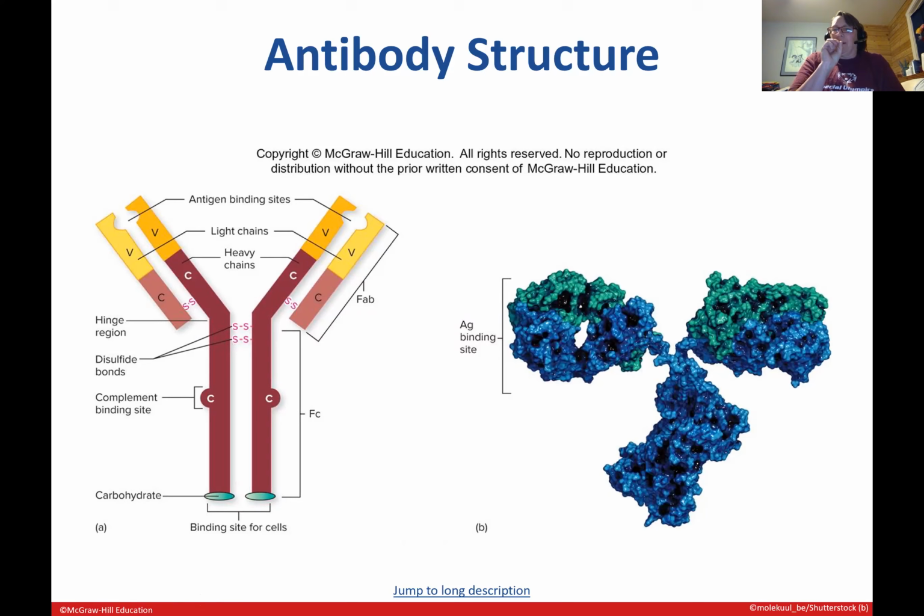The constant region, or the Fc region, is the part that binds to the macrophages and other cells. If you look at those little green circles at the bottom of the cartoon, that is where the macrophage would bind to the antibody.